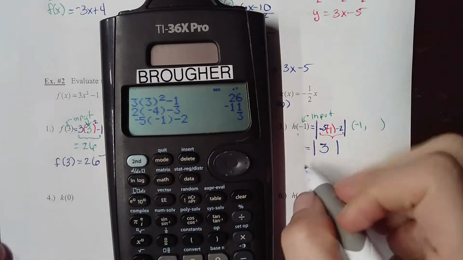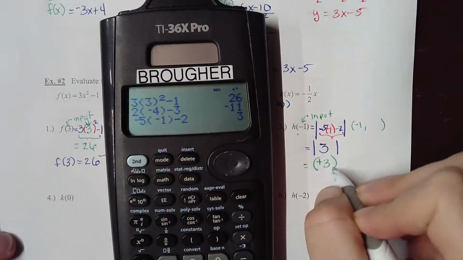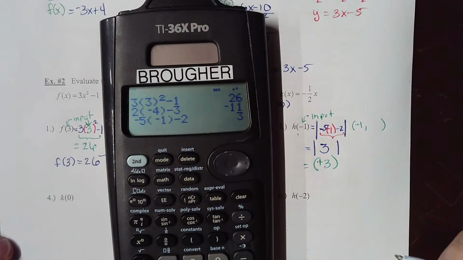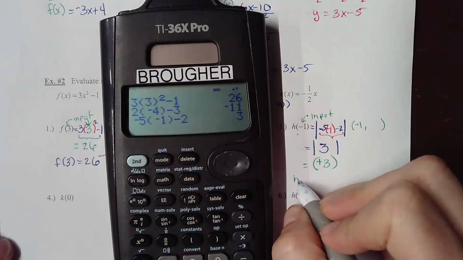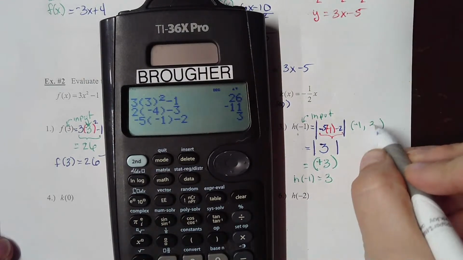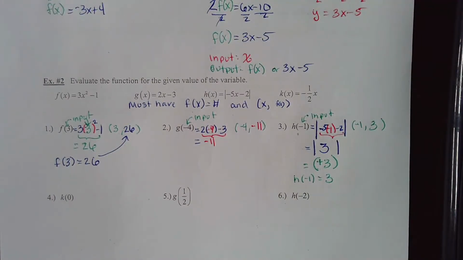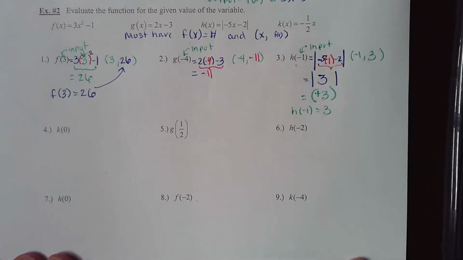Well, whenever I have the absolute value of a number, I turn it into parenthesis +3. Well, that's just 3. So H at -1 is 3. Take a moment to try 4 through 9. Pause the video and then check back to see how you do, because I'll give you the answers.